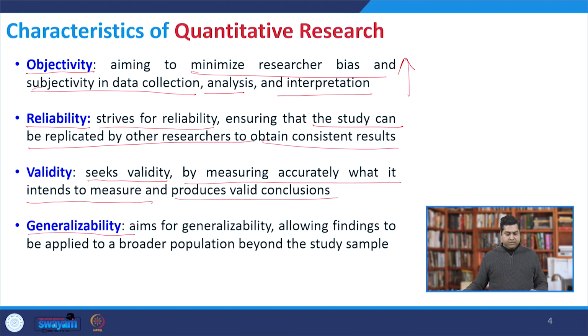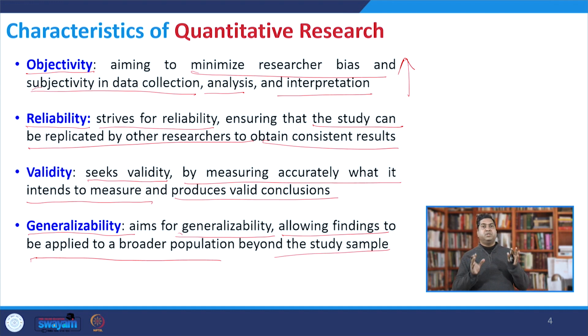Next is generalizability. It aims to generalize the findings, allowing them to be applied to a broader population beyond the study sample. That is what I have just mentioned. Suppose you conduct one study based on a sample of 500, 600 people, and through a systematic process with numerical data you find there is a relationship between car ownership and mode choice for travel.